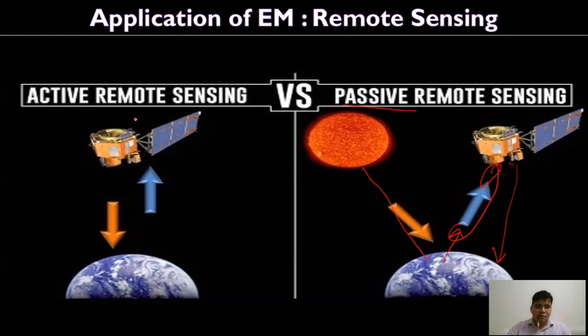And in active remote sensing, some EMF is radiated by the earth itself. The EMF is sent directly, and the satellite sends the information. There is no reflection and no sun involvement in this active remote sensing.